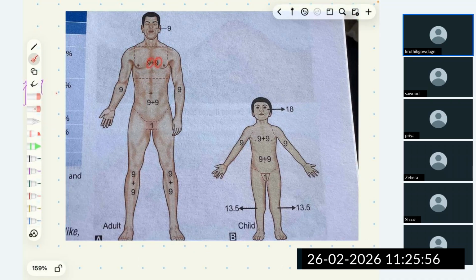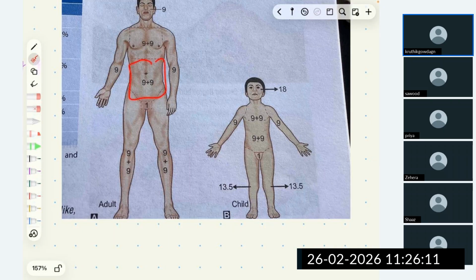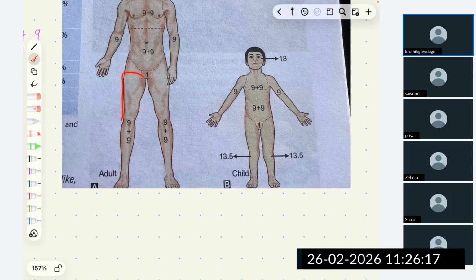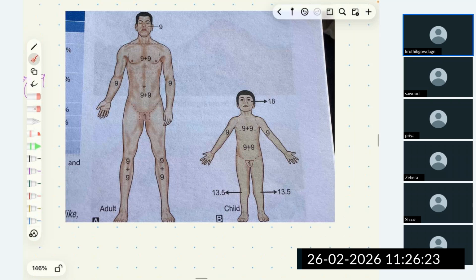The front part of upper limb is considered as 9%. Yes, the front part of upper limb 9%, back part is 9%. The abdomen is considered as 9%, the other 9% is of the back. The upper part of leg 9%, lower part 9%. Perineum 1%. By this we get 100%.